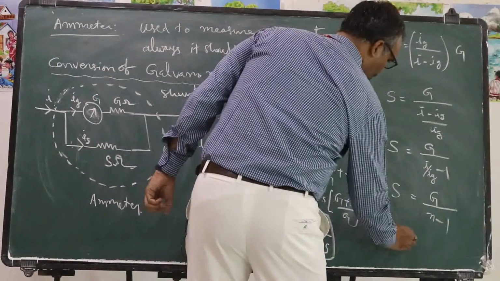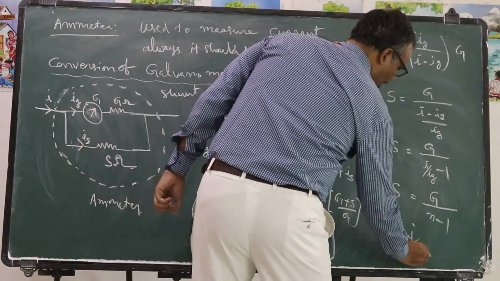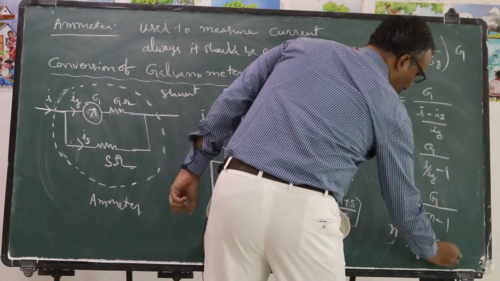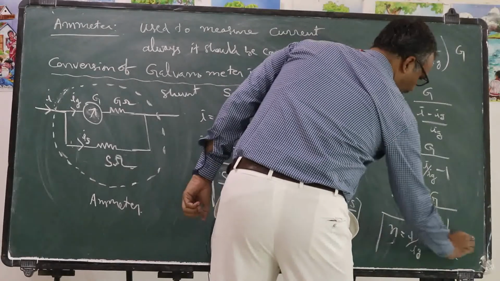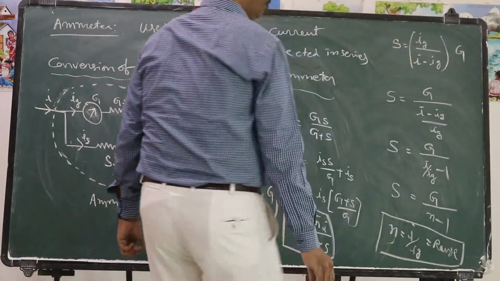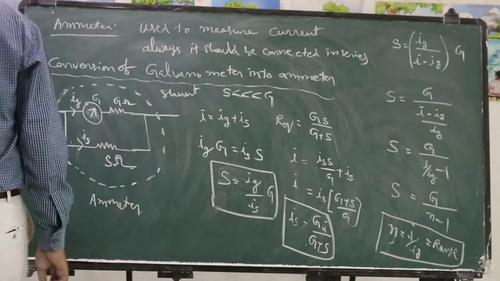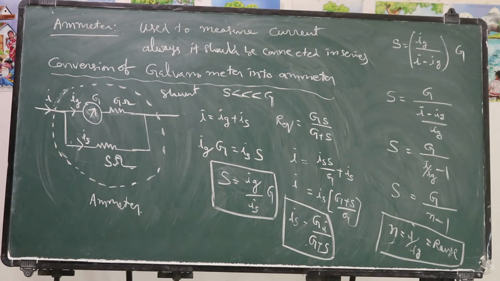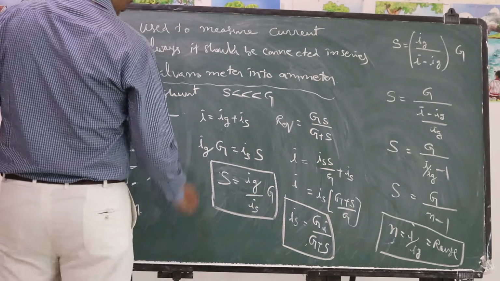Here N is equal to I by Ig is called range of the ammeter. So this is about the conversion of galvanometer into ammeter, and the formula what you should remember I just mentioned here.